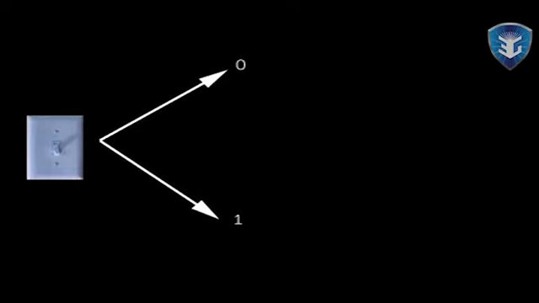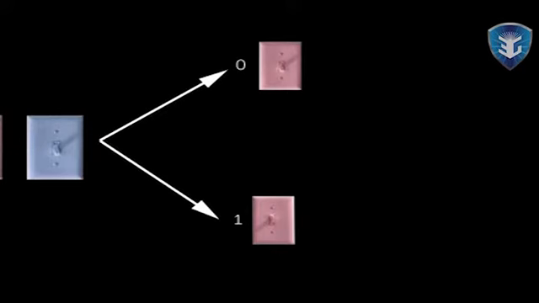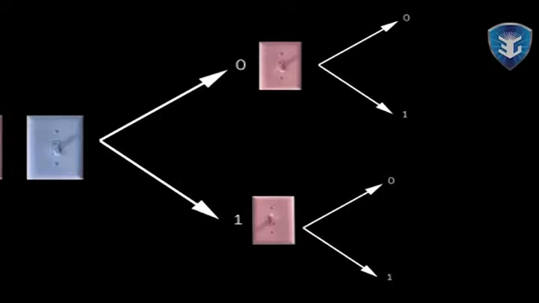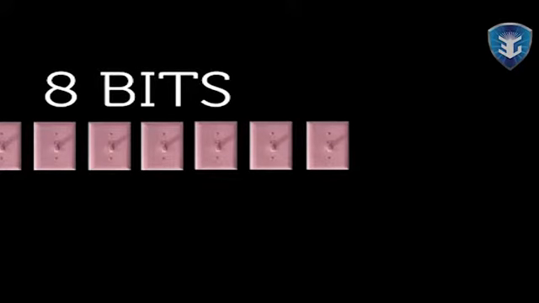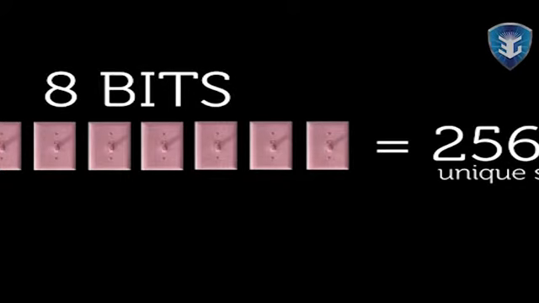Remember, one light switch is 1 bit and it can store 2 states. But 2 light switches can store 4 unique states. And 8 light switches, or 8 bits, can store 256 unique states. And space is measured in bits.